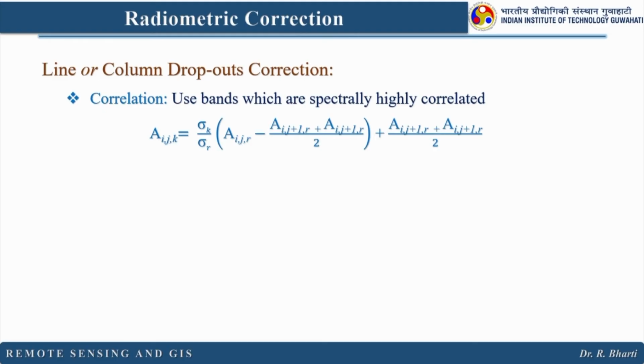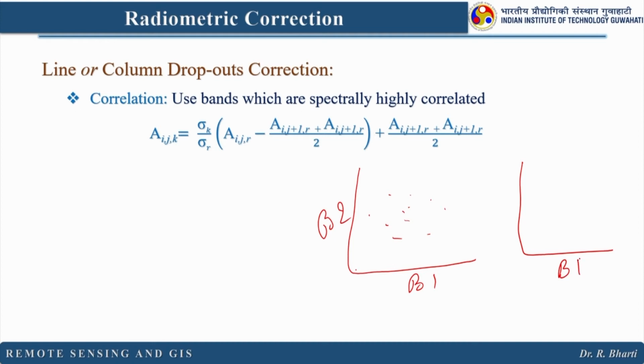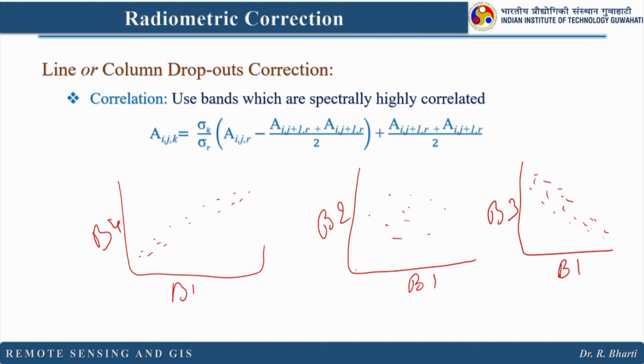The third one is correlation. Use bands which are spectrally highly correlated. That means, as I have told you, between band 1 and band 2, suppose this is the correlation. But between B1 and B3 this is negative correlation, and let us say B1 and B4, here it is positive correlation.